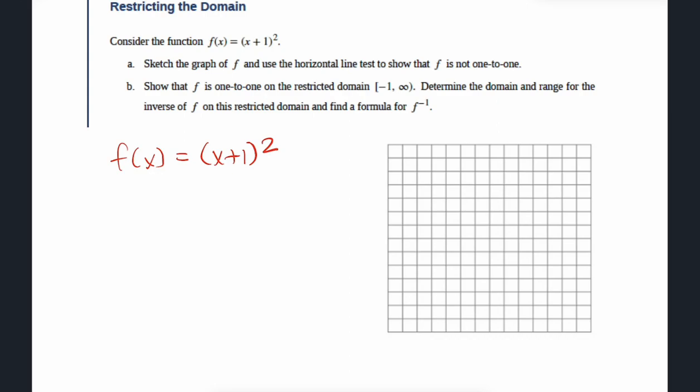You guys are all quiet. Okay, so f of x equals (x plus 1) squared. How has our new parabola been transformed from our old? It's been moved to the left one.